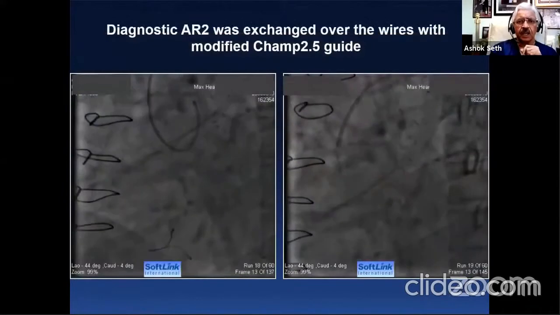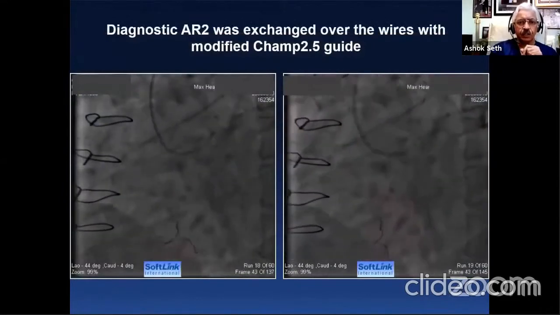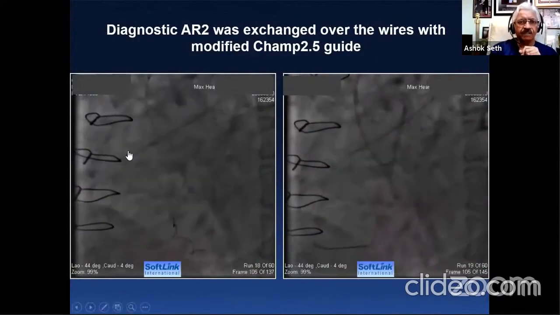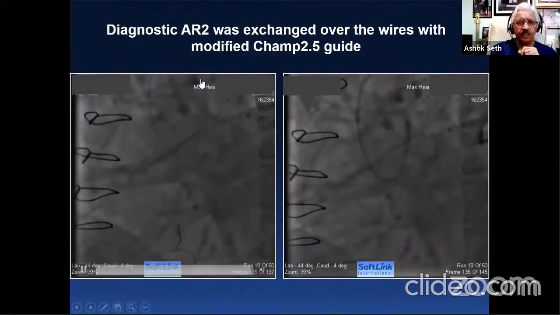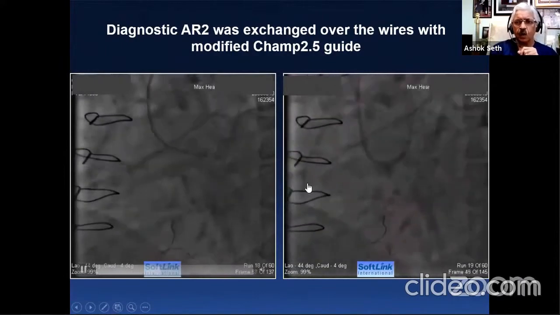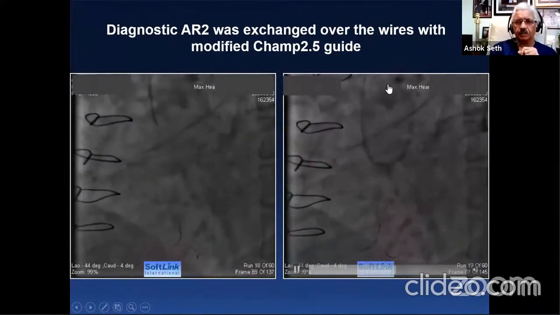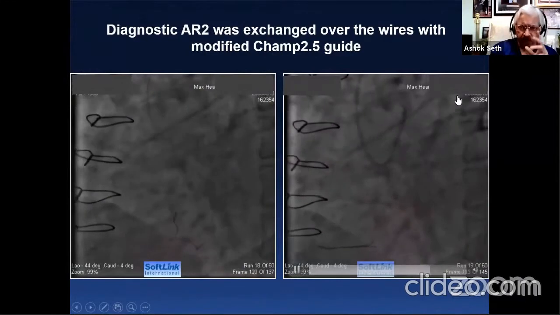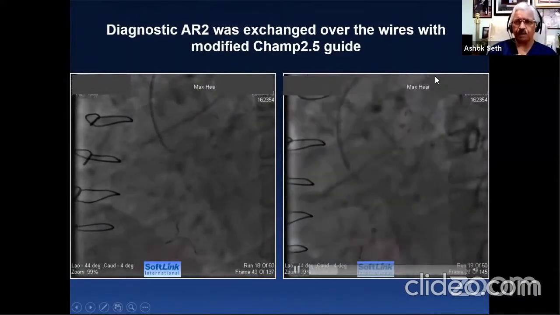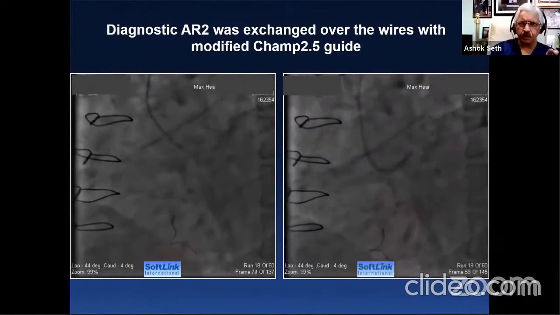And here I show you that I leave this loop. I'm taking the diagnostic out. I have left a loop of the wire here, like this, the two wires. And now over the two wires, I get my champ guiding. The first part of it has been helped by an 035 wire, which comes up to the aorta.